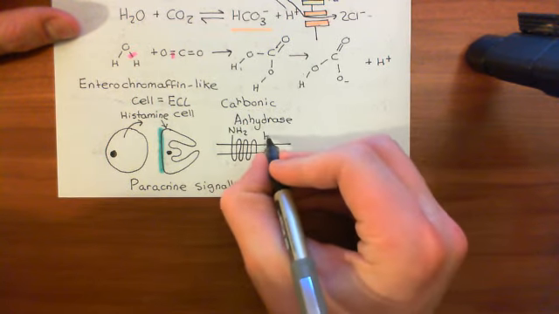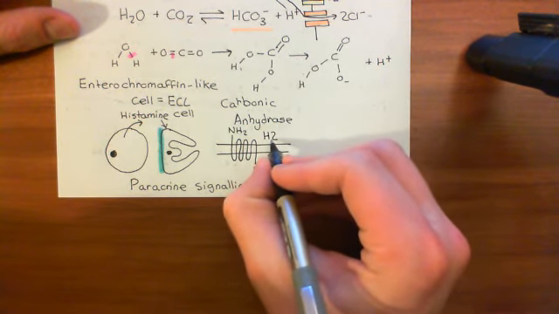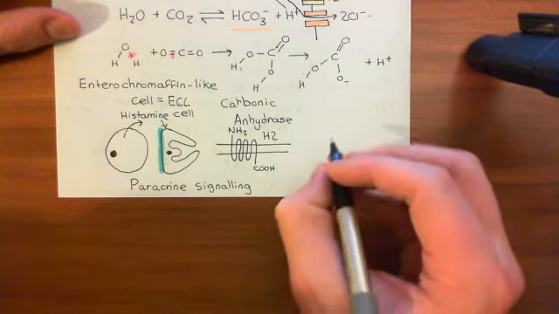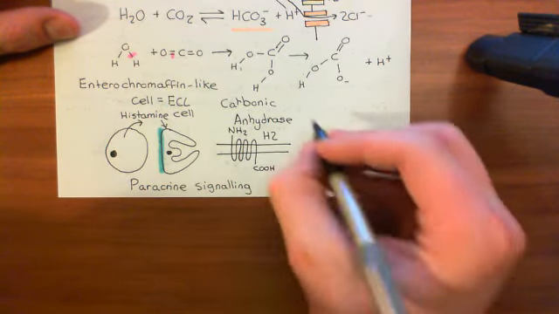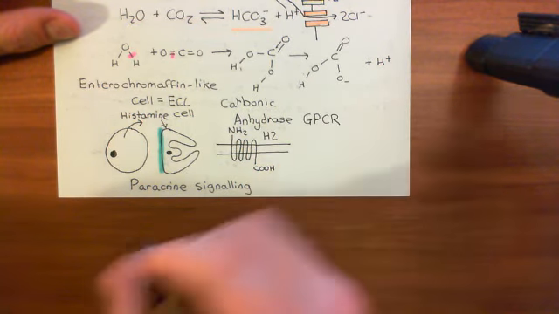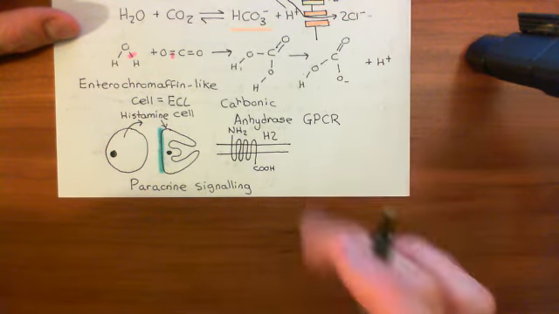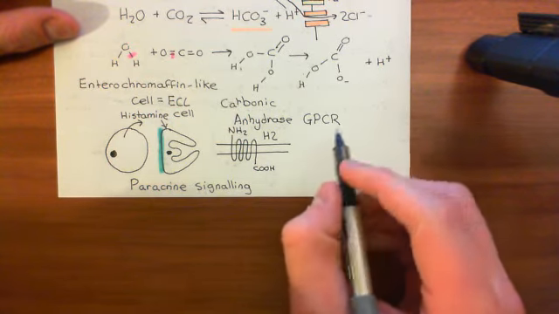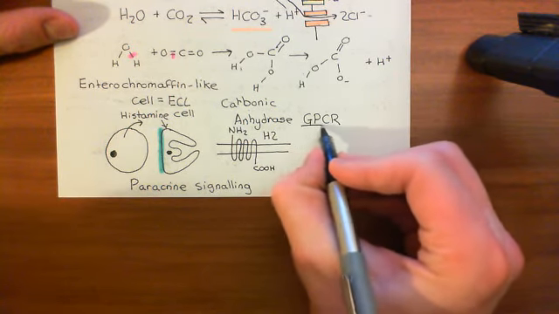This is an H2 receptor. H2 receptors are in the family of rhodopsin-like G protein-coupled receptors. G protein-coupled receptors themselves, GPCRs, are a massive family of proteins. In humans alone, there are 800 different G protein-coupled receptors known.